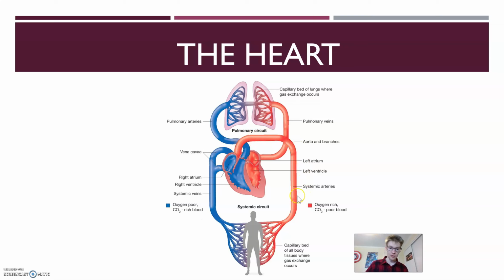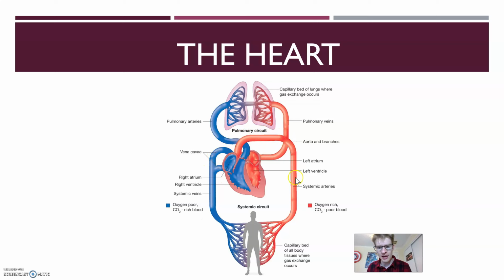Now we have all our deoxygenated blood throughout the body that needs to return to the heart, so it can go back into the lungs and we can get rid of that carbon dioxide. All that deoxygenated blood goes through the veins, through our main vein called the vena cava. The vena cava is basically the opposite of the aorta.